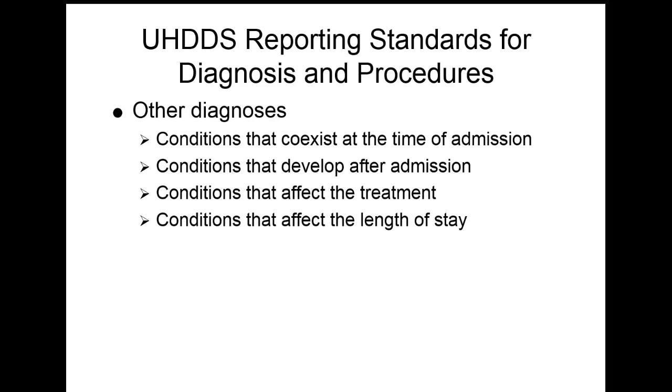Number 2, procedure performed for definitive treatment and diagnostic procedures performed for both principal diagnosis and secondary diagnosis. Okay, so let's say that we have a patient who is admitted with a breast mass. They do a biopsy, they determine that the patient has breast cancer, and then they do a mastectomy.